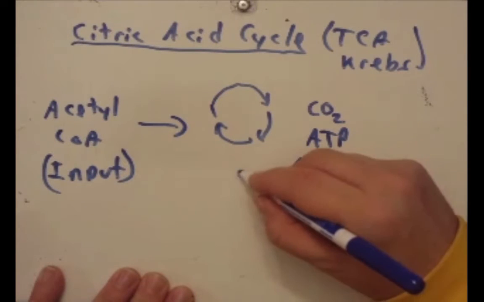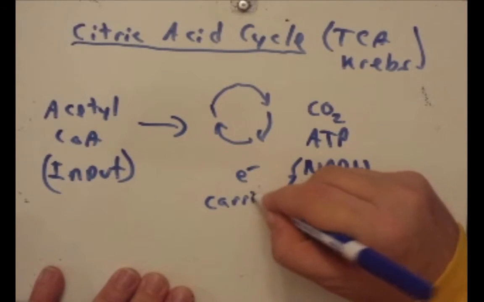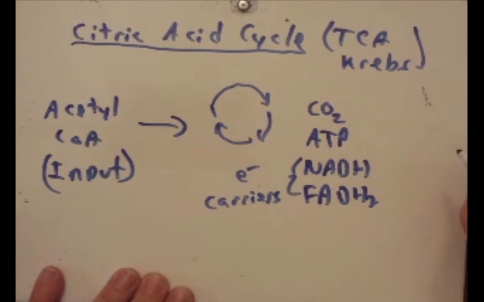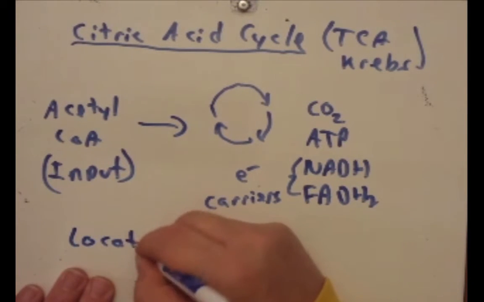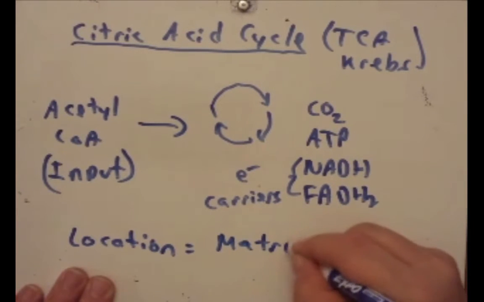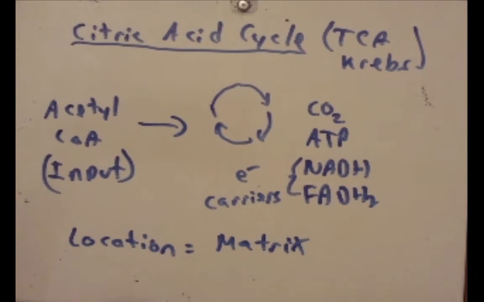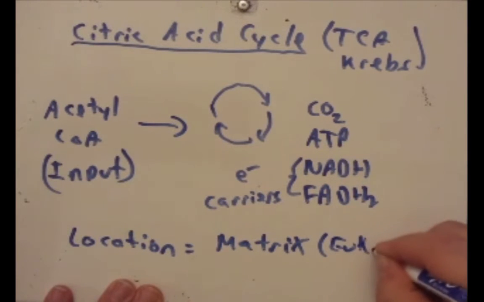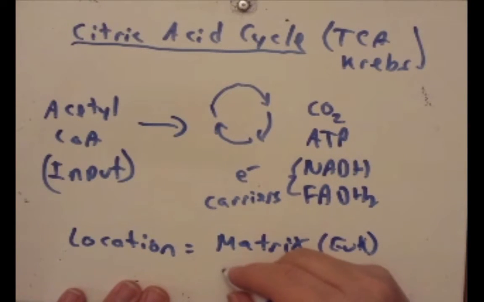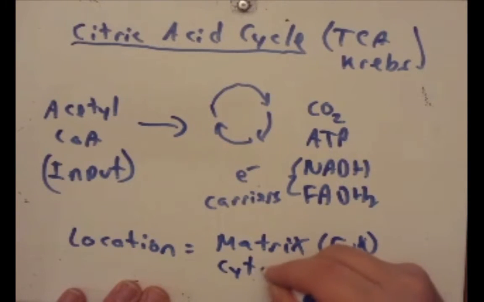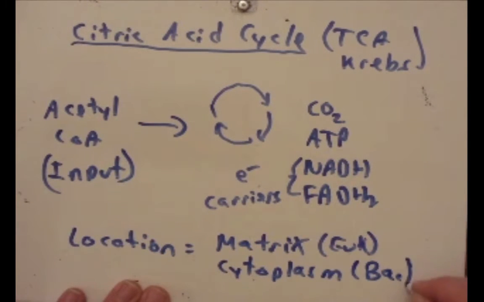Remember, these two are electron carriers. CO2 is a byproduct, which will be released back into the environment, and ATP can be used as energy. This occurs in the matrix. And again, we could say in eukaryotes, and then in bacterium, it would be in the cytoplasm in aerobic bacterium. Alright, let's move to our fourth stage, which is oxidative phosphorylation.